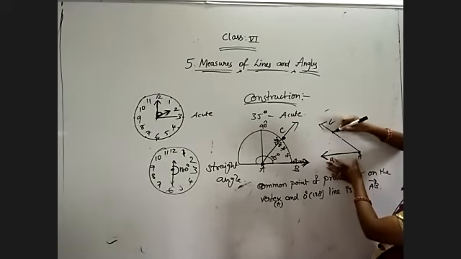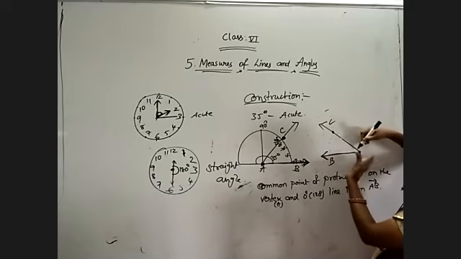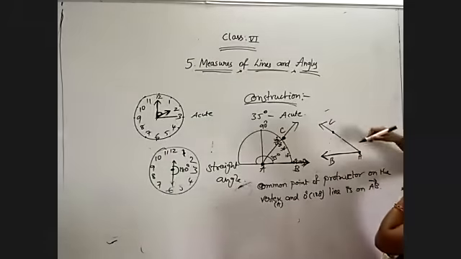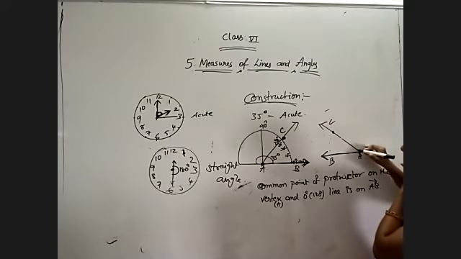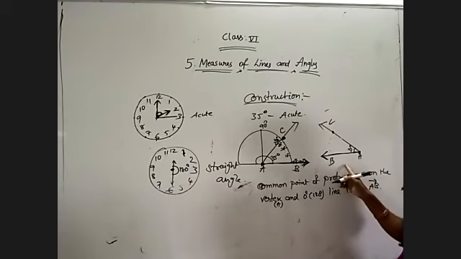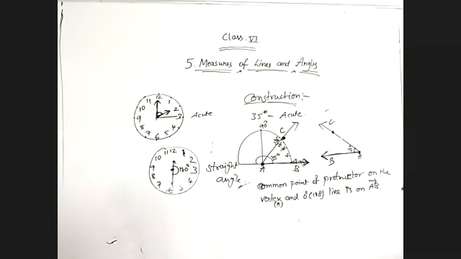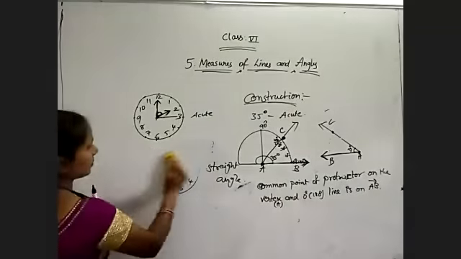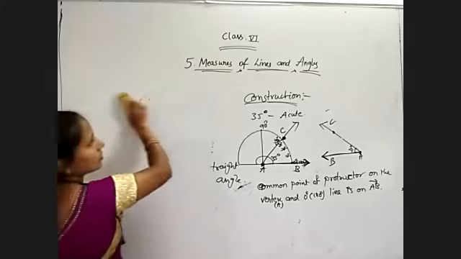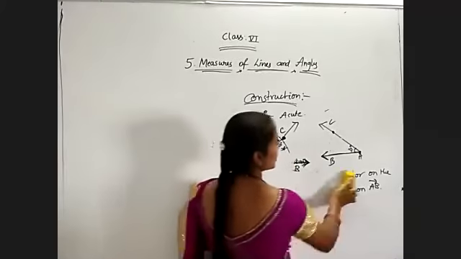So at 35, mark the point and use the scale to join AC. So now angle BAC is equal to 35 degrees in clockwise rotation, and also in anti-clockwise rotation. Now coming to the example problem.